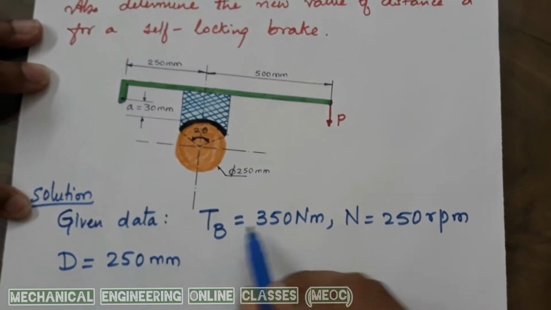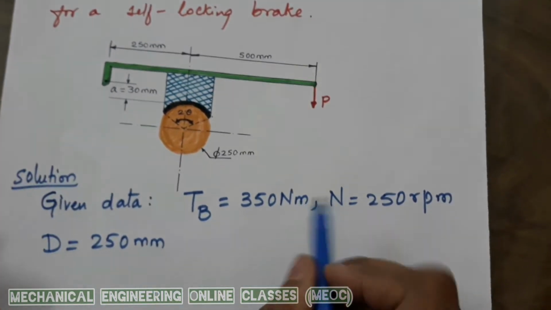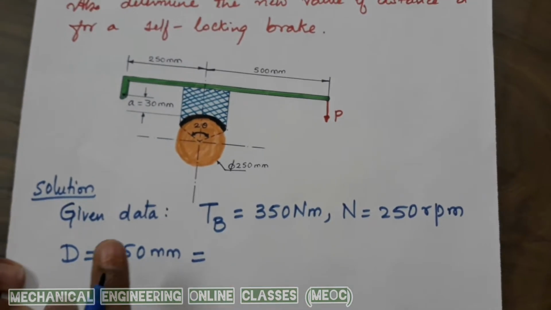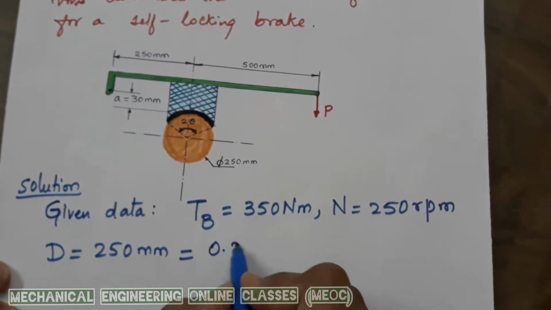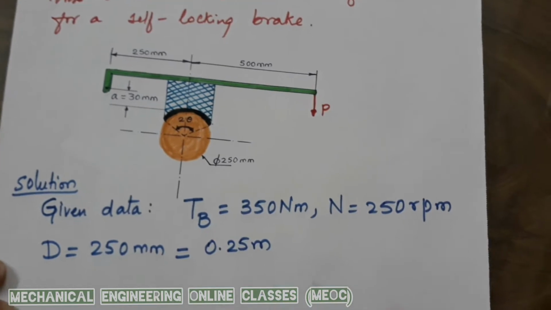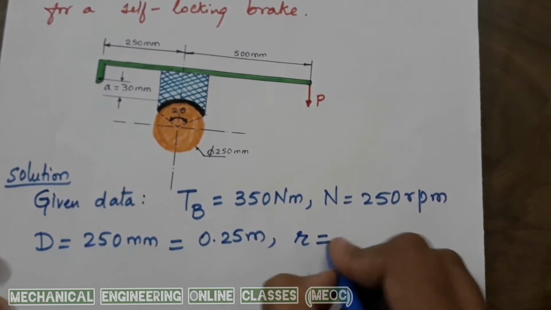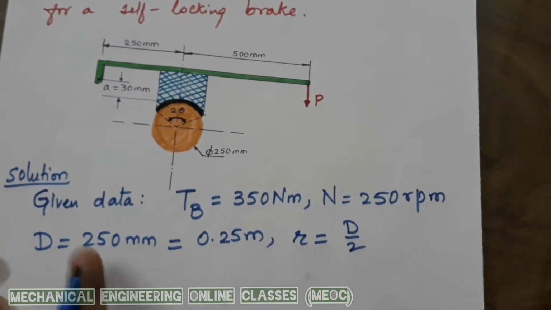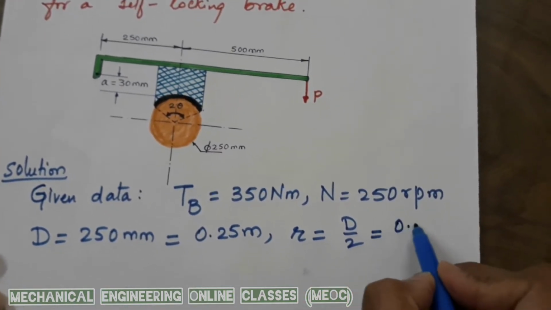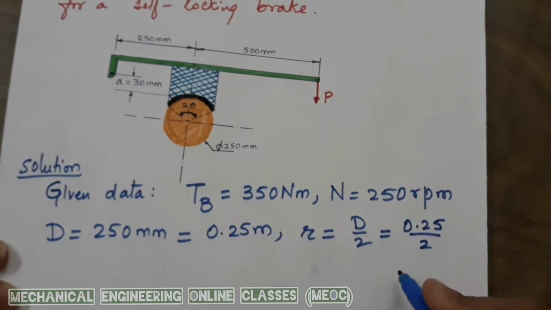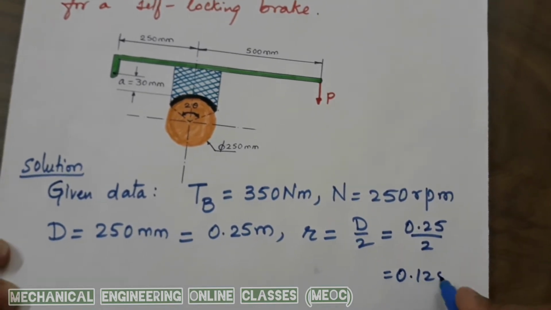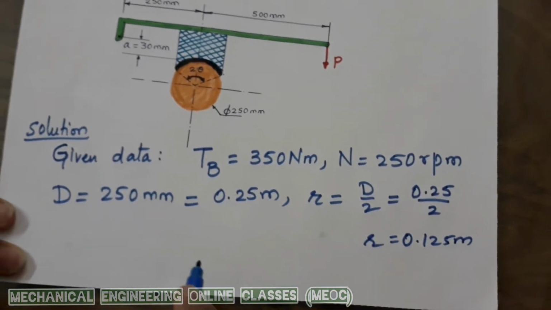Because TB is in terms of meter, for convenience I am converting this mm into meter, which will become 0.25 meter. So the radius of the brake drum will be half of the diameter, which is 0.25 by 2, or 0.125 meter. This is small r.